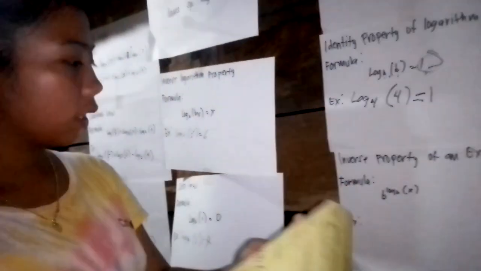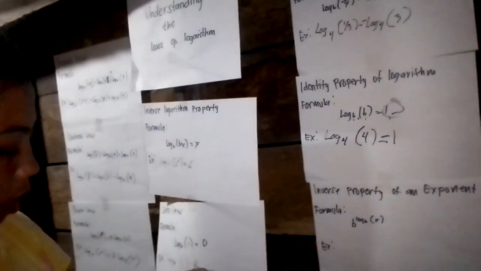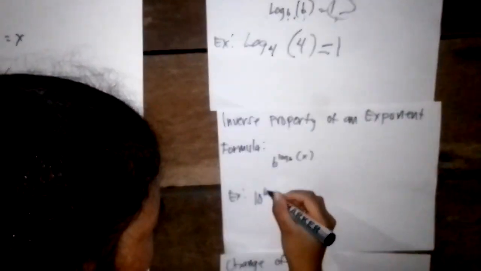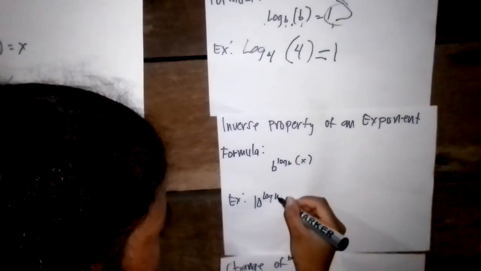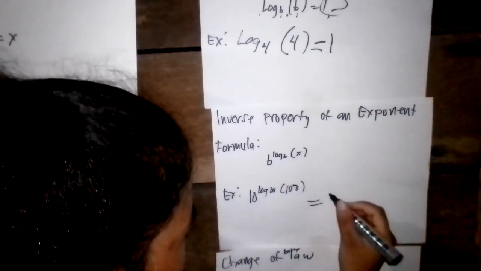The example of the inverse property of the exponent is 10 raised to the power of log base 10 of 100 is equal to 100.